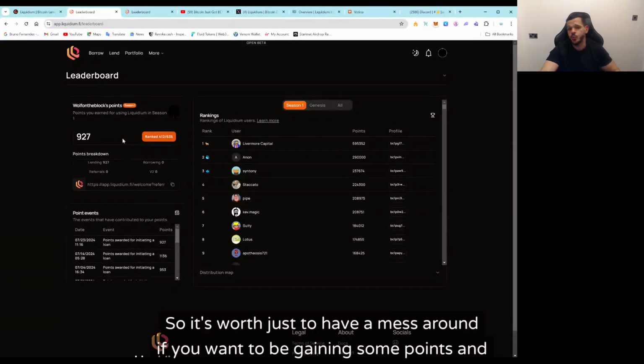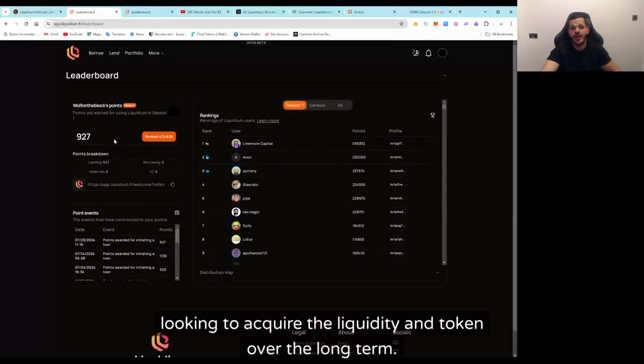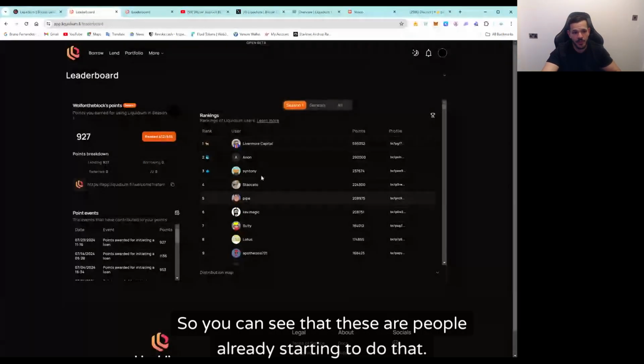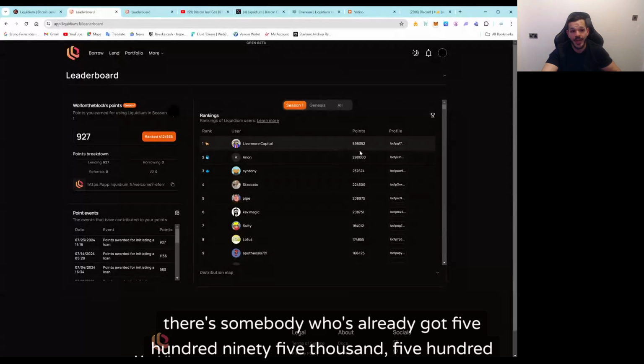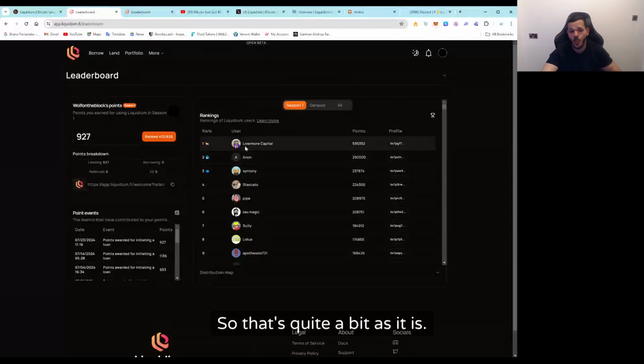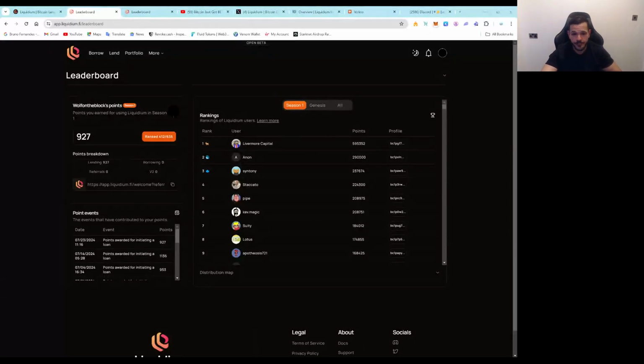So it's worth having a mess around if you want to be gaining some points and looking to acquire the Liquidium token over the long term. You can see there's people already starting to do that. There's somebody who's already got 595,532 points, just been doing it. That's quite a bit as it is. So that's one example.